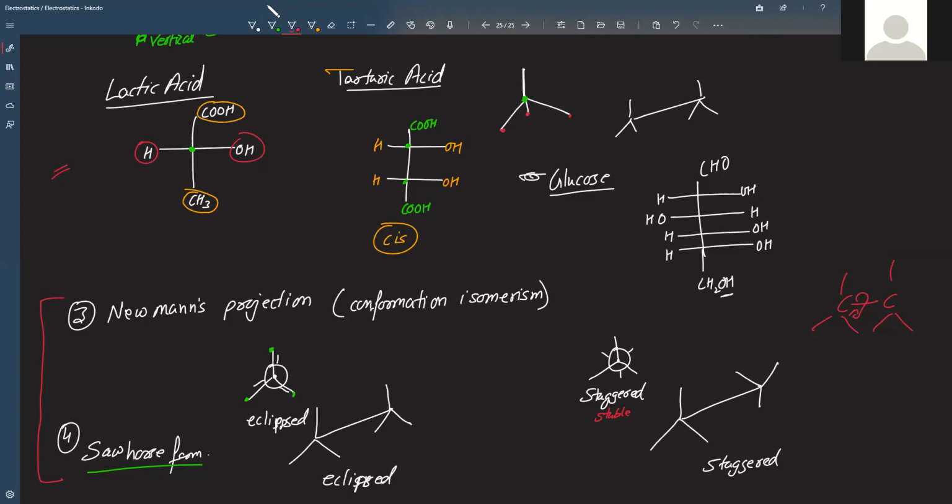So although we study it in isomerism, we won't call them real isomers. We say they are fake or unreal isomers, right? So this was about the different ways to show these structures.